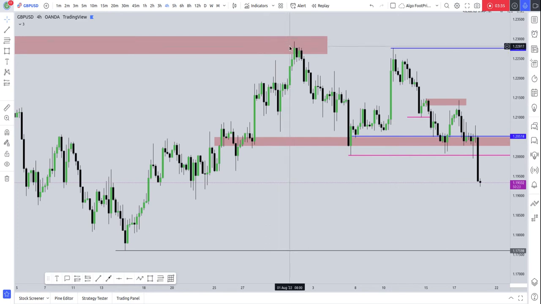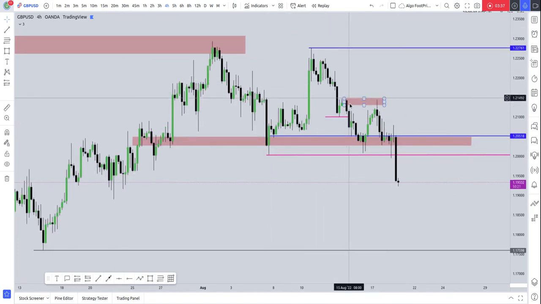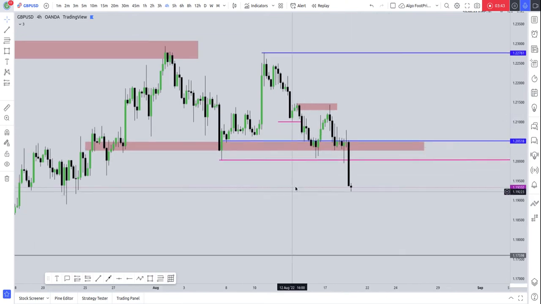It failed to take out this swing high. Price was held into consolidation right here. Now this is a decision point because we have this order block that has held price here, and price failed to take out this high.